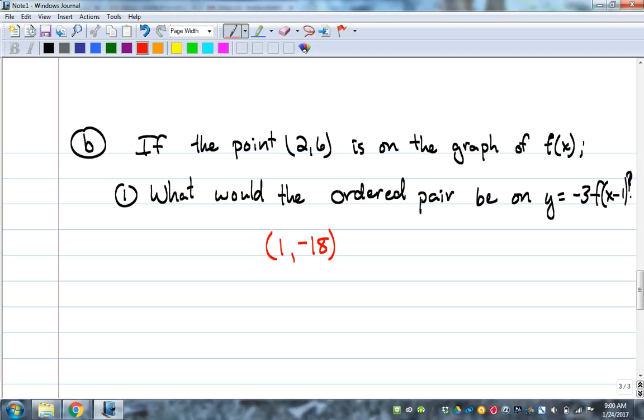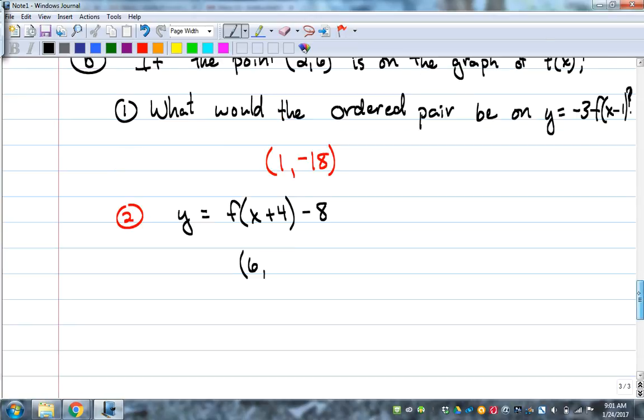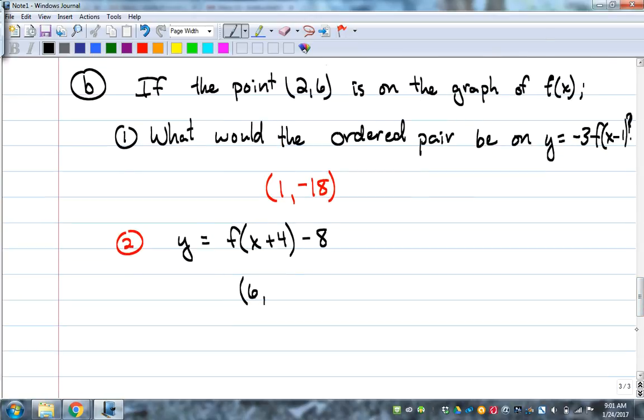Okay. Let's do another part to that. Let's say we had to do y equals f of (x plus 4) minus 8. Get us the same ordered pair, (2, 6), and you do this work to it.